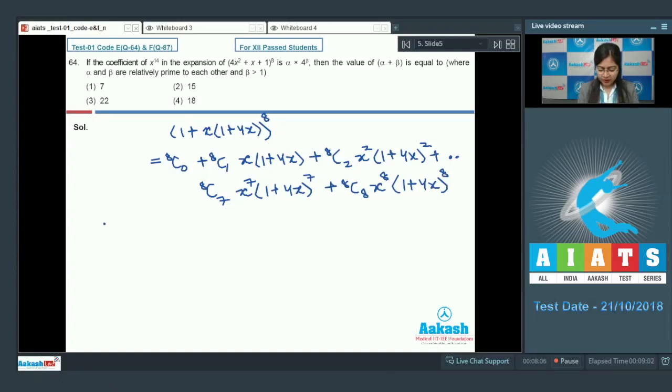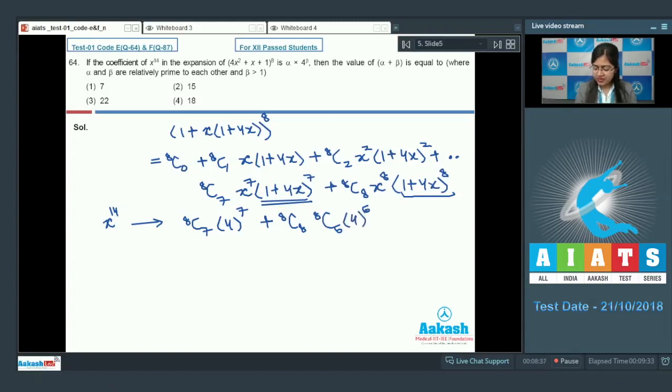Right? Now to find the coefficient of x raised to the power 14, it will be equal to 8c7 into the coefficient of x raised to the power 7 in (1 + 4x)^7, which will be equal to 4^7, plus 8c8 into the coefficient of x raised to the power 6 in (1 + 4x)^8, which will be equal to 8c6 into 4^6, right?